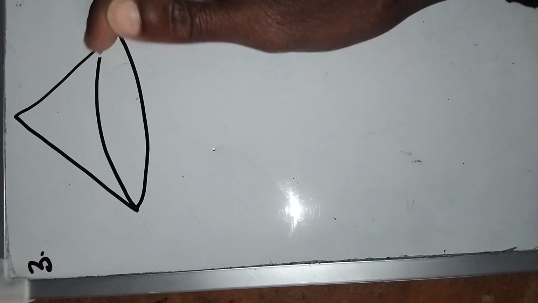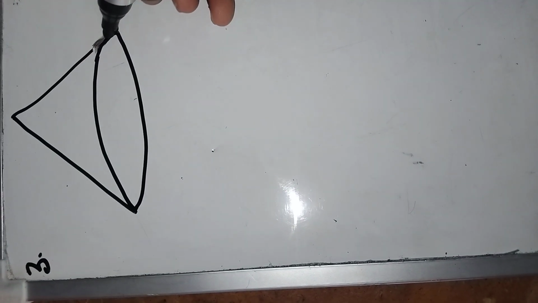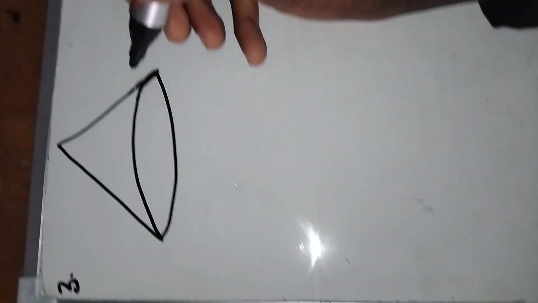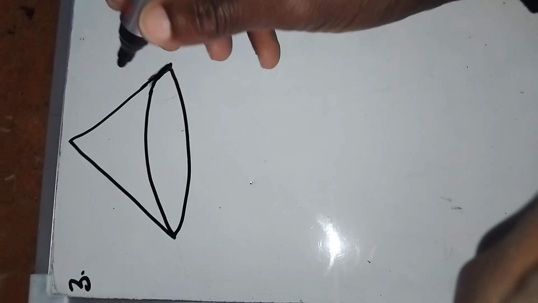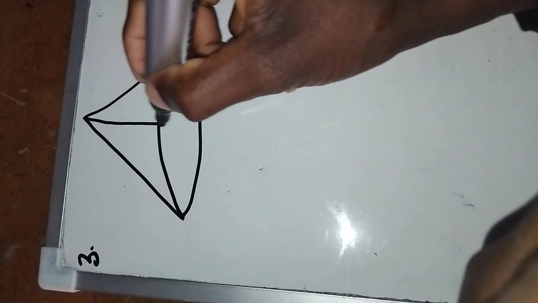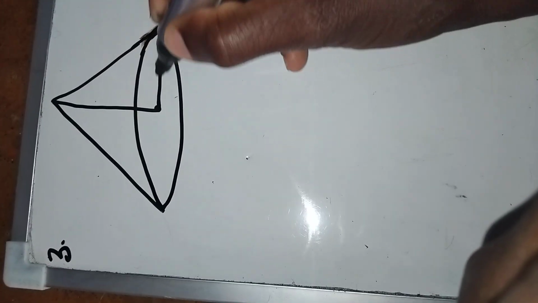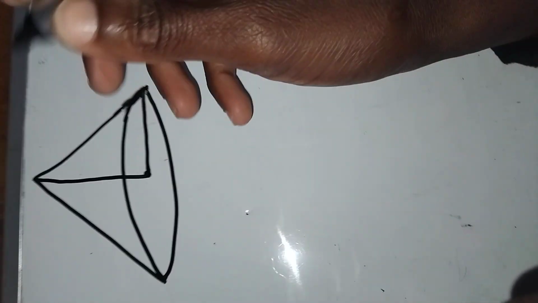This is the shape of the cone, then this is the height, and this is the radius.